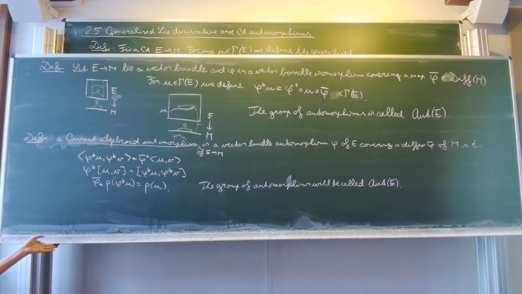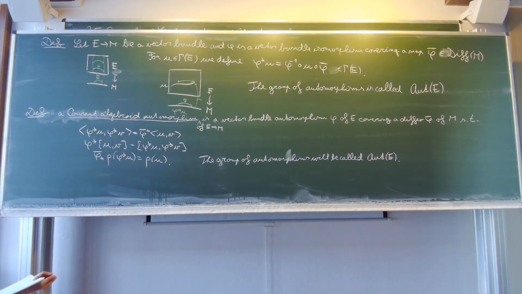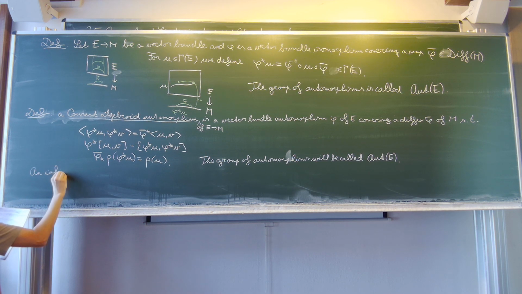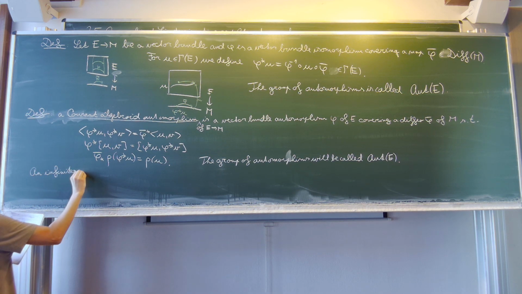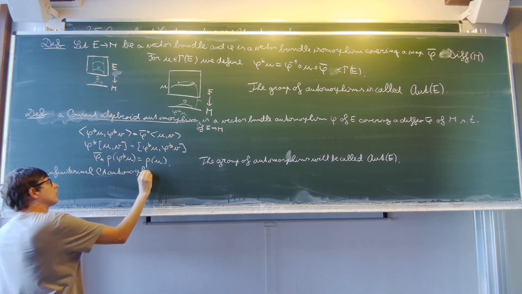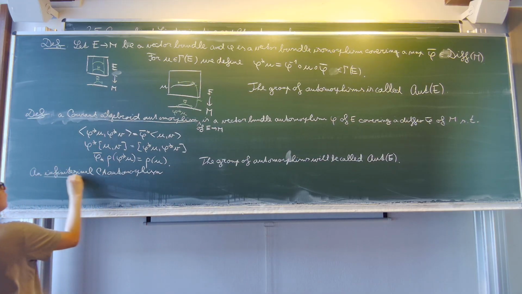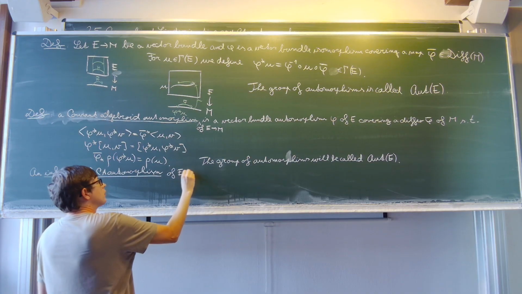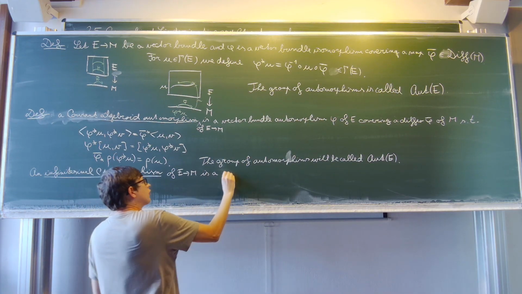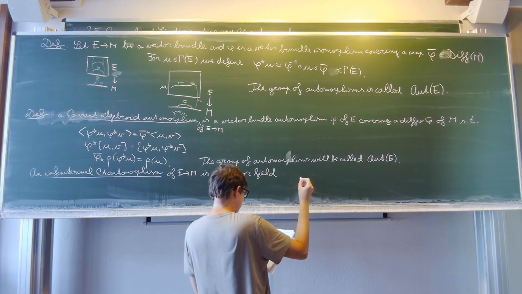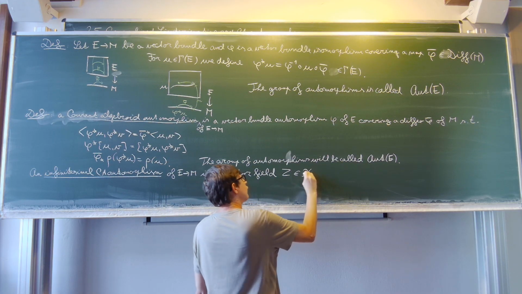Okay, so the generalized is the automorphisms that we had before, which were over the identity. Now the final part here is that let's define an infinitesimal. So an infinitesimal Courant algebroid automorphism of a Courant algebroid is a vector field on the total space.